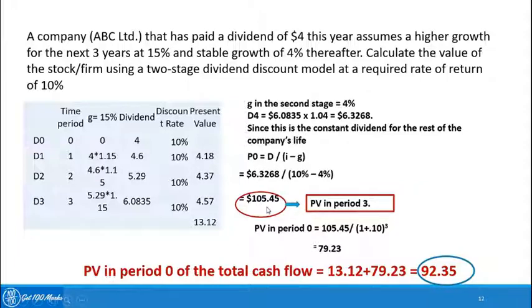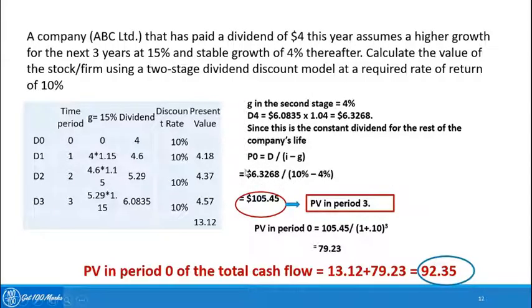105.45. A very interesting fact to note here is that this present value is not a present value as in year 0. This is the present value as in period 3, because this dividend of 6.3268 started from year 4.